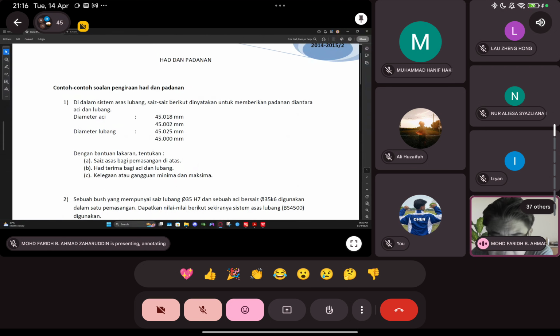Anik Hazlan. Yes, doctor. Okay, what is the answer for maximum interference for this transition fit? Negative 0.018.